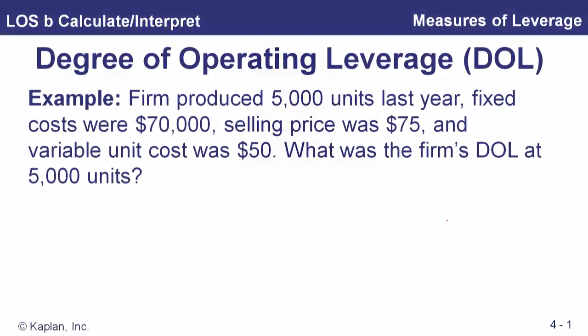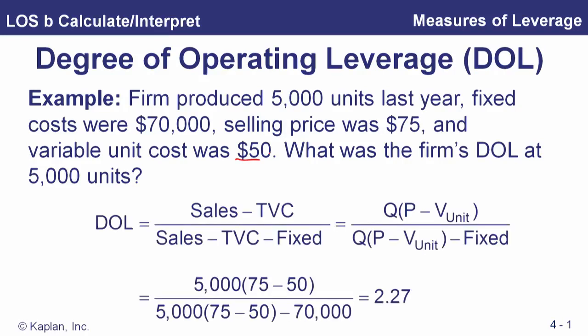So let's just crunch these numbers once to see how this works. A firm produced 5,000 units last year. Fixed costs are $70,000, the selling price was $75 per unit, and variable cost per unit was $50. And we're asked to calculate the firm's degree of operating leverage at 5,000 units. Well, for our numerator, we want sales minus total variable costs.